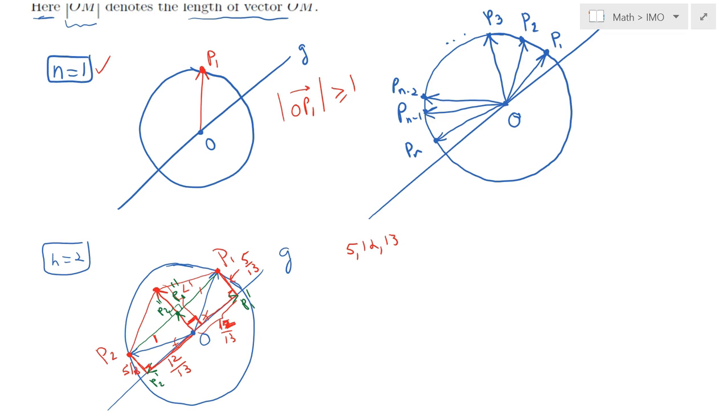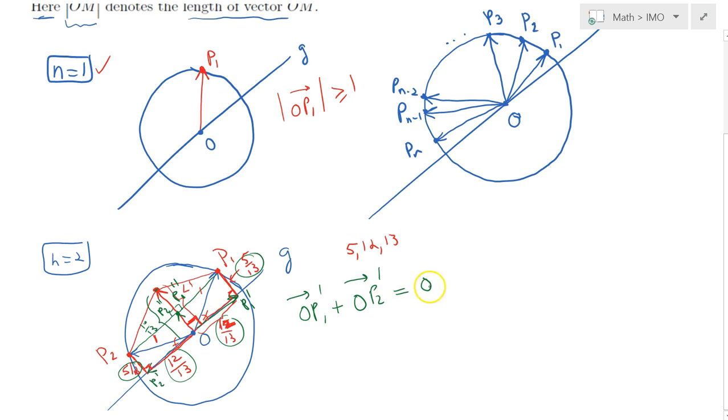Obviously the height of each one is 5/13. When you add these two, the sum would be 10/13. So this distance here would be 10/13. And moreover, these two sides, because they are in opposite directions, OP1 prime plus OP2 prime, as vectors, would be equal to 0 because they are in opposite directions and equal magnitudes.